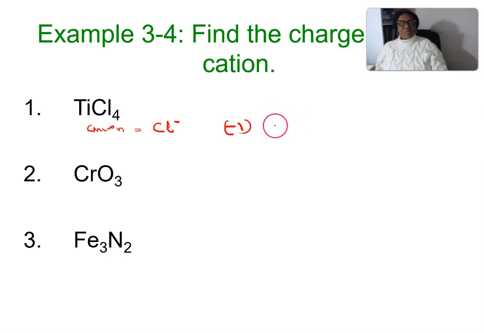We have 4, so -1 times 4 equals -4. The total positive charge equals +4.